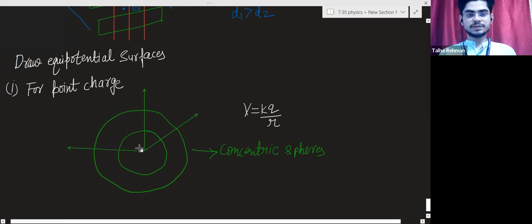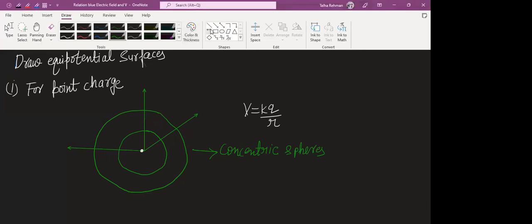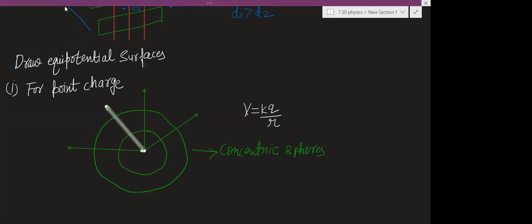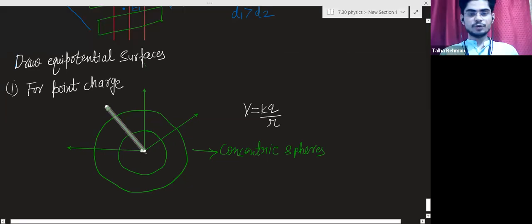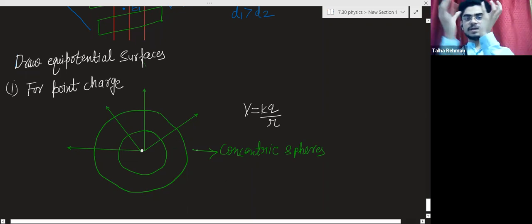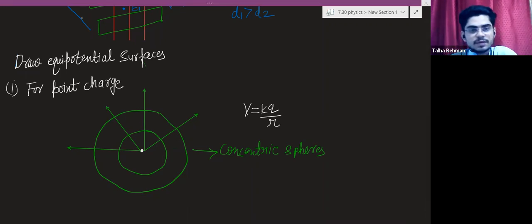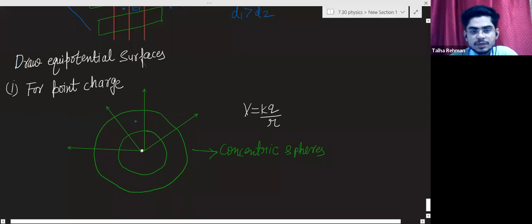For a point charge, the electric field lines, I am not drawing all the lines, but lines will be like this and this and this, in 3-dimensional space. And these electric field lines, I have already told you, are perpendicular to the equipotential surface.